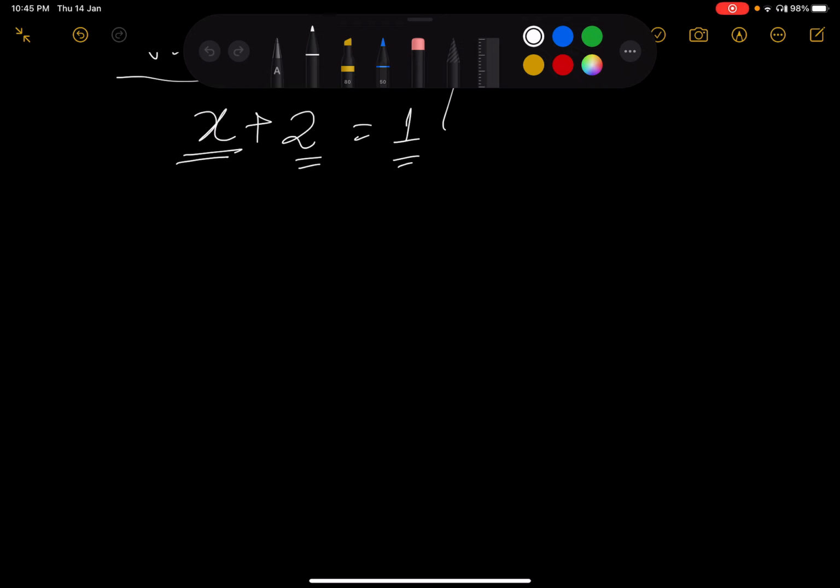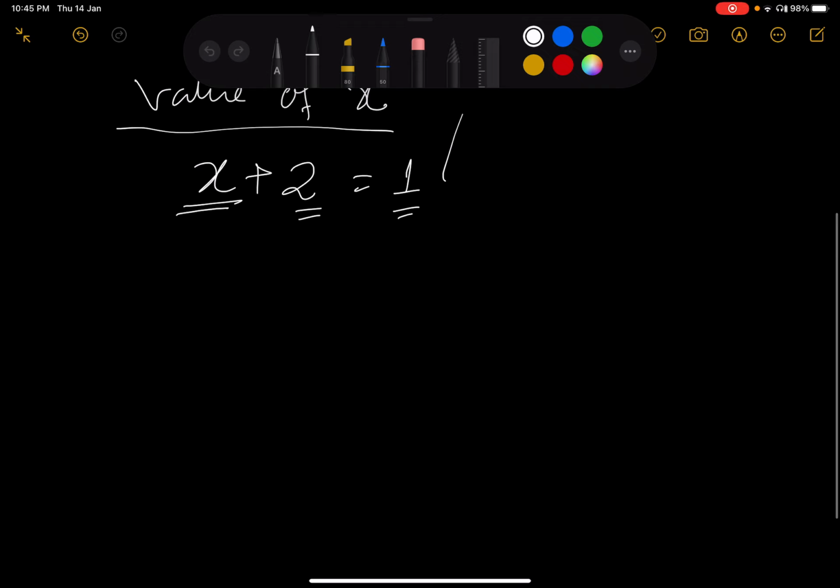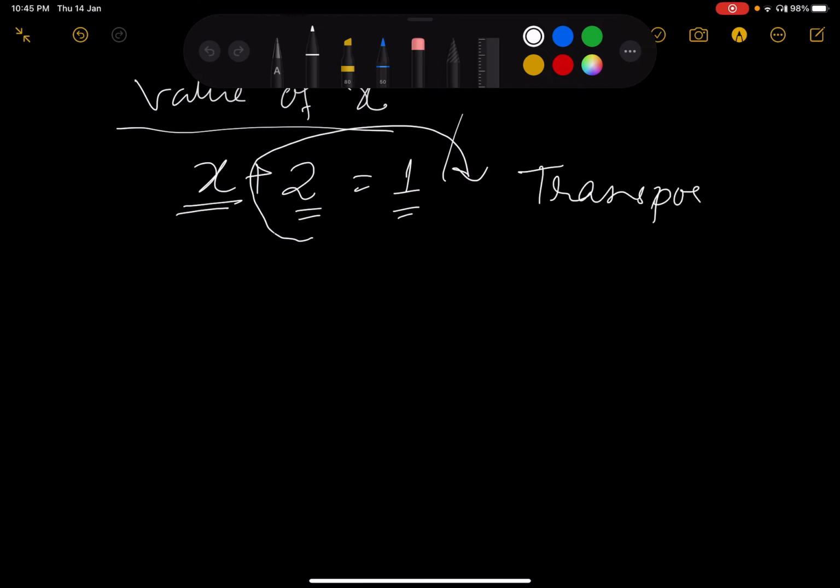So we transpose the number this way: you take plus 2 to the right hand side. When you are transposing this number from the left hand side to the right hand side, always remember the sign changes.